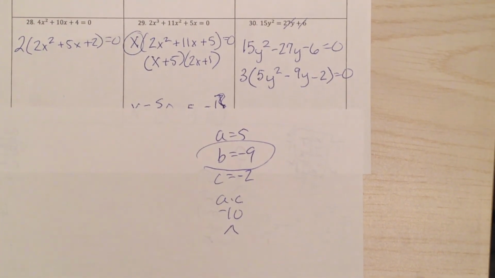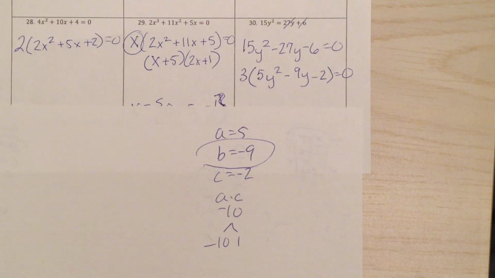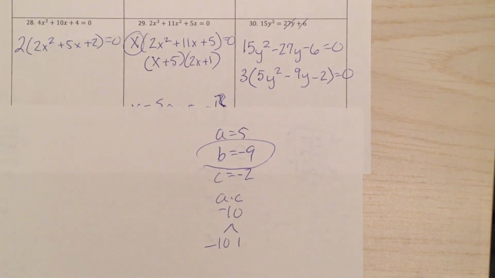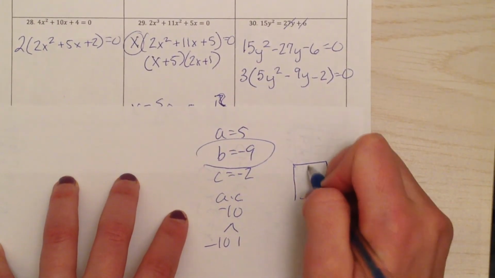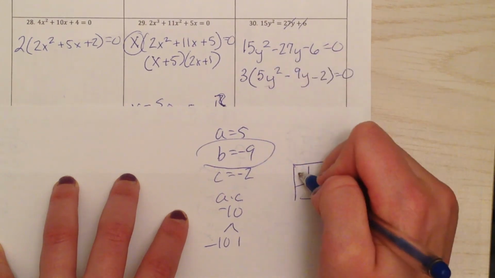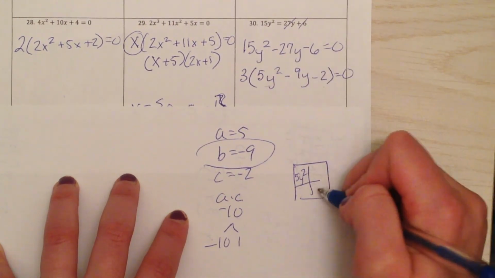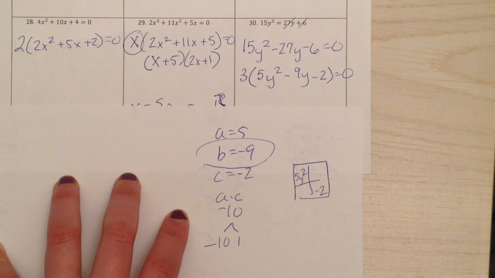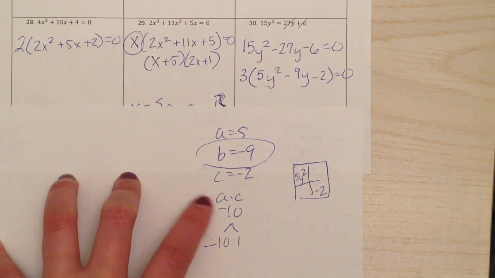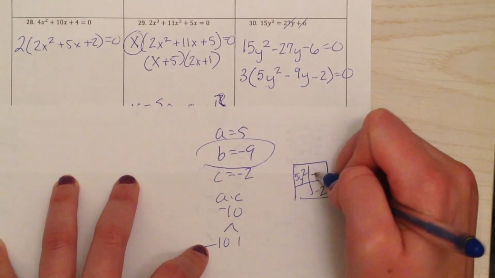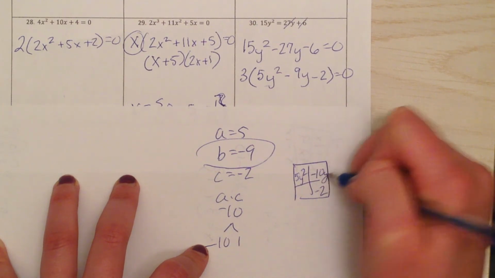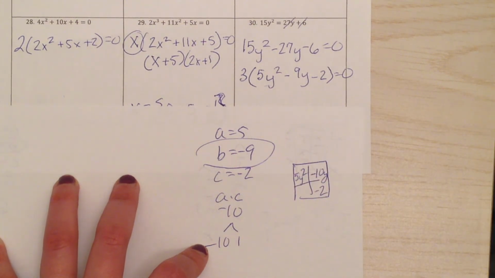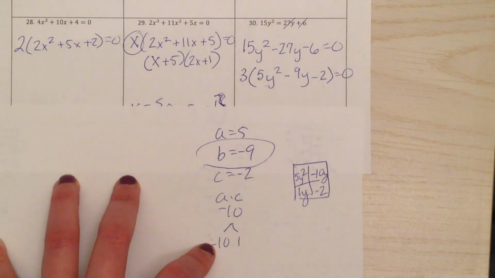So I'm going to make that -10 and 1. So at my 2x2 box, I've got my first term in my first box, my last term in my last box, and then I'm going to split this -10. I'm going to put that with the 5 up there. And my 1y goes down there.